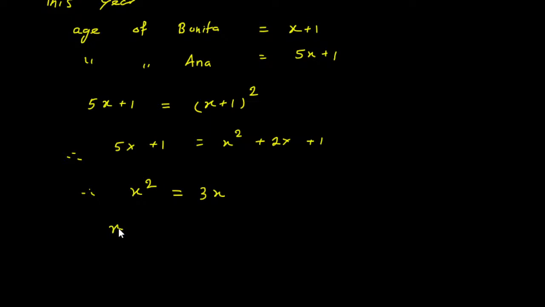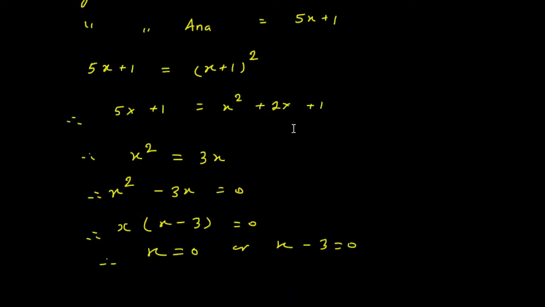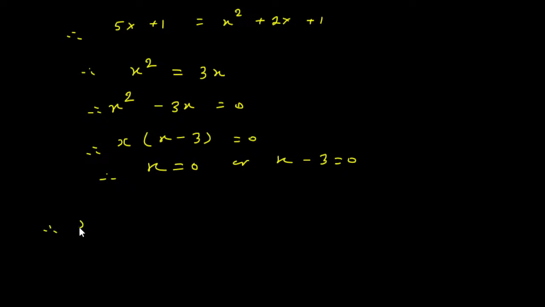Or x square minus 3x is 0. So we will take x common, and x times x minus 3 will be 0. Therefore either x will be 0 or x minus 3 will be 0, so x will be 0 or x will be 3.